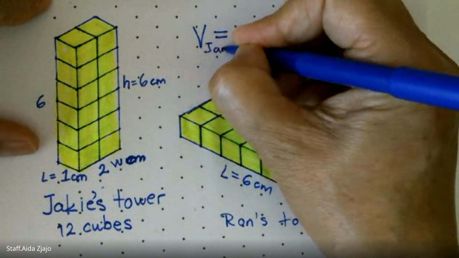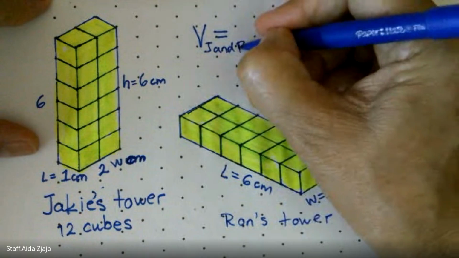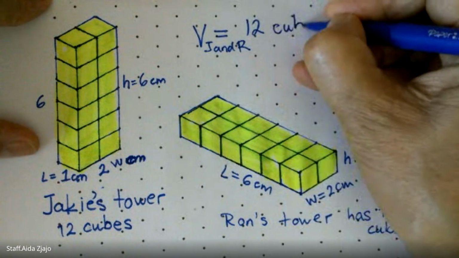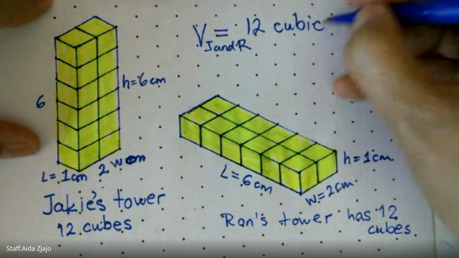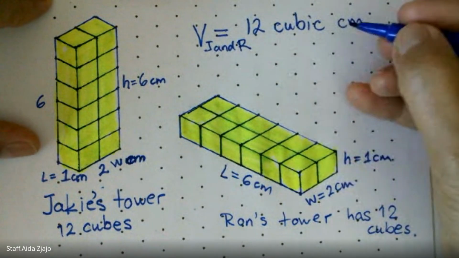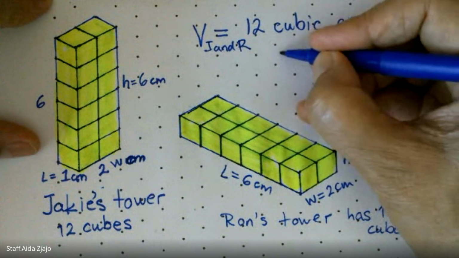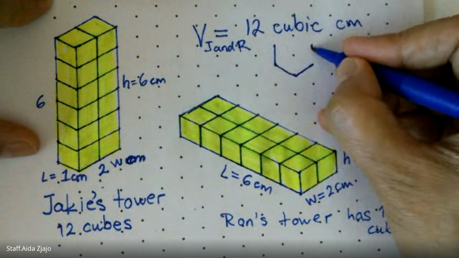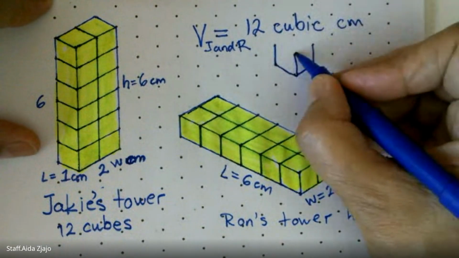Jackie's and Ron's is 12 cubic centimeters, cm. What it means is that we were counting these cubes that are 1 centimeter.